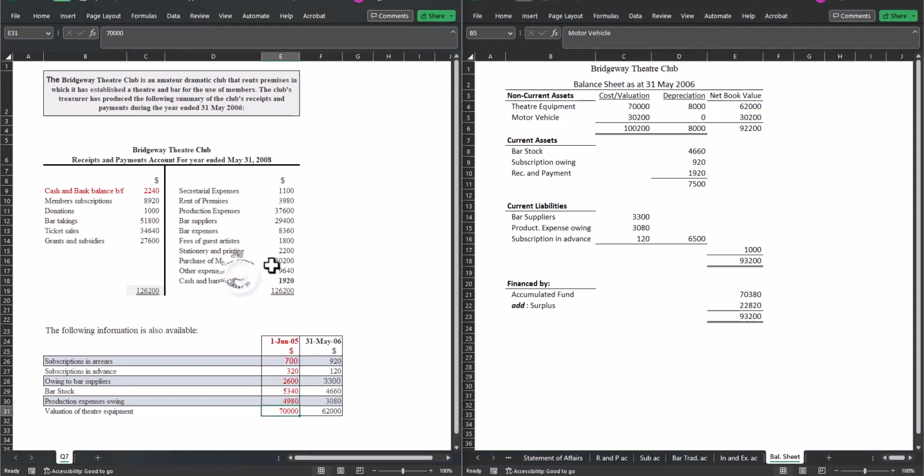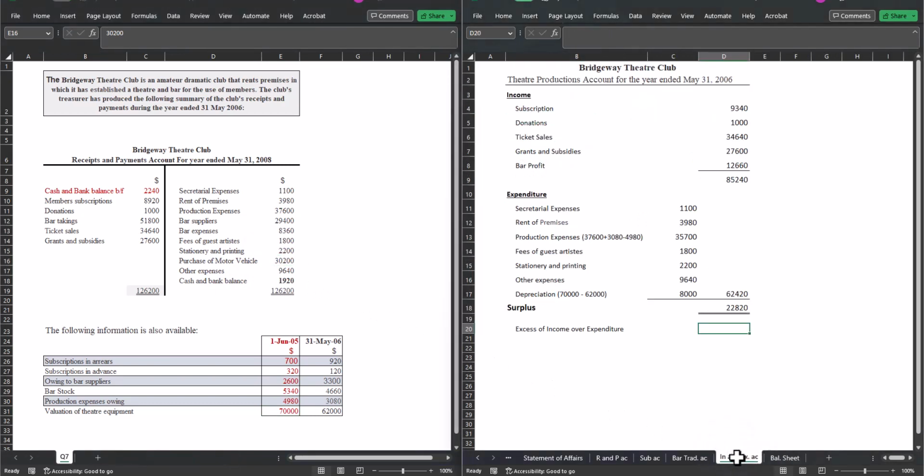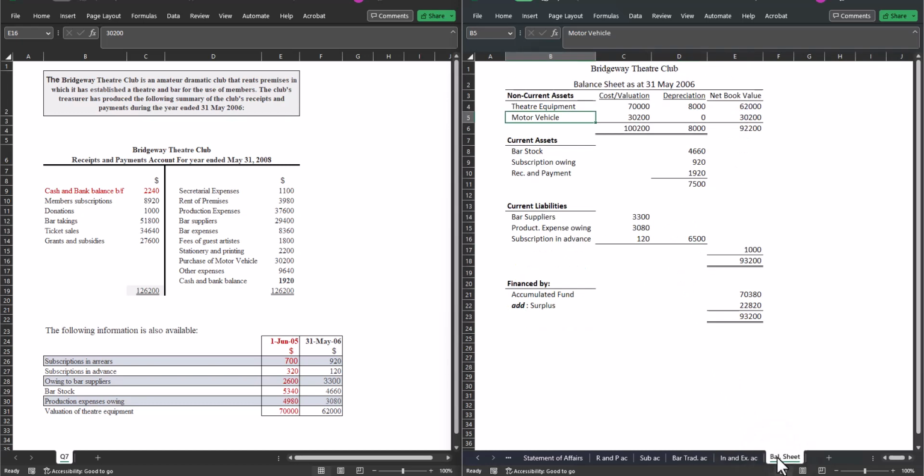Notice it goes to the balance sheet and it is not recorded in the expenditure section of the income and expenditure account. Motor vehicle is an asset. It's a capital expenditure item, not a revenue expenditure item. So we add these two together to get a net book value.